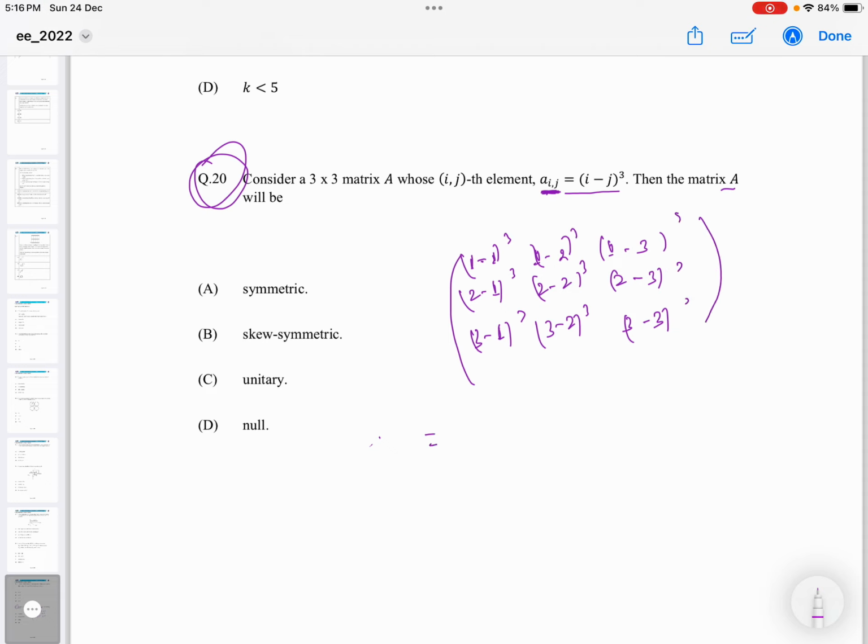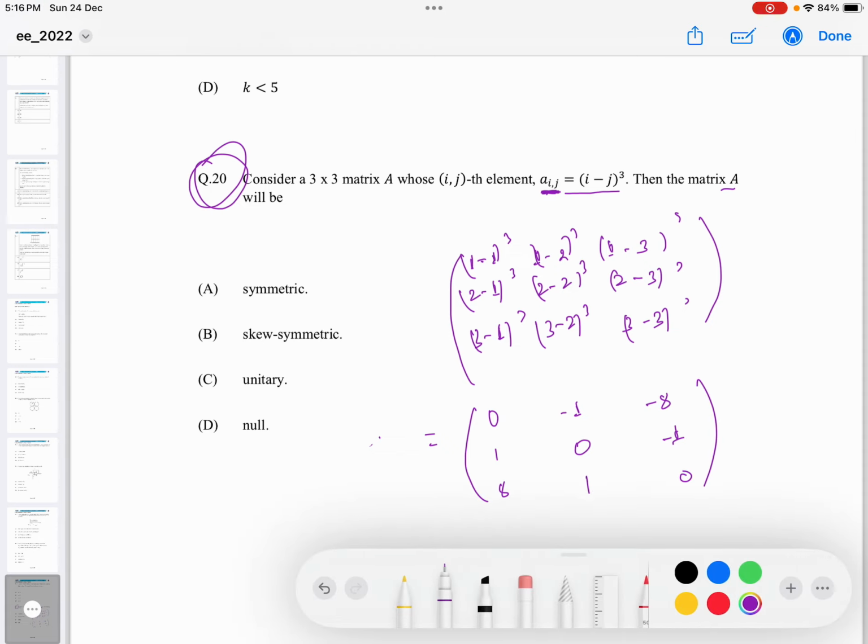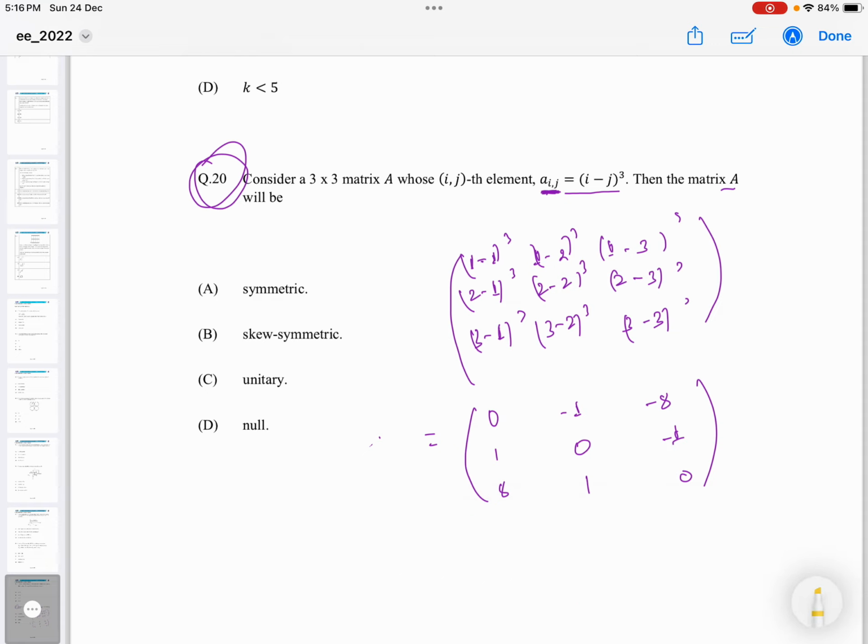Now it will be 0, minus 1, minus 8, and here we will have 1, 0, minus 1, and here 8, 1, 0, right?